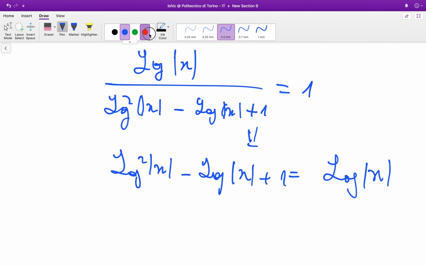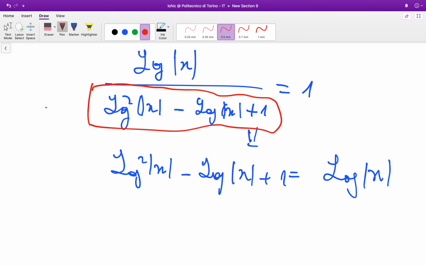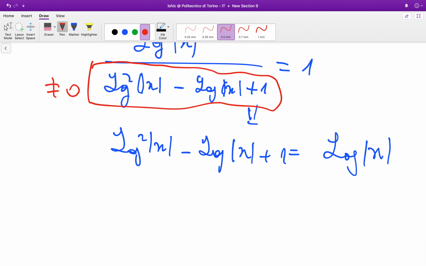Normally, before doing this, if you have an equation, you need to check that the denominator is different from 0 to make sense. But indeed, we already checked it before. We saw that it will never be equal to 0. You need to check if it is equal to 0 and exclude those x from the possible solutions.